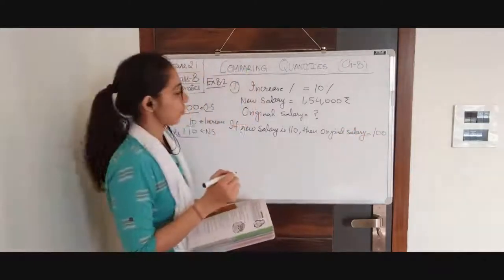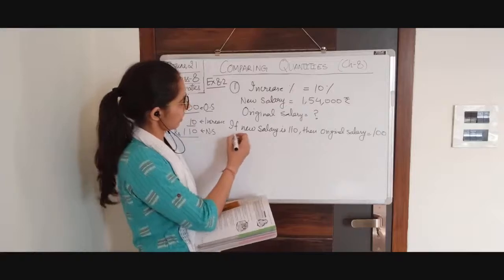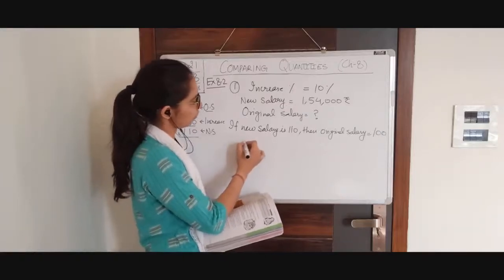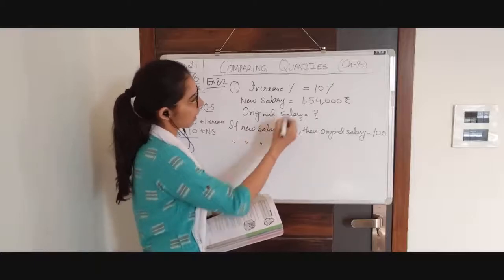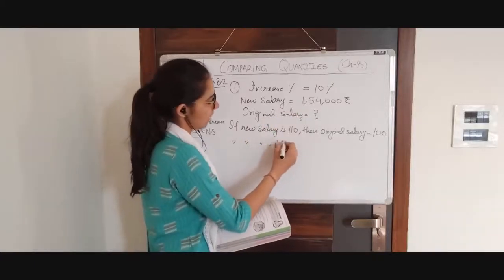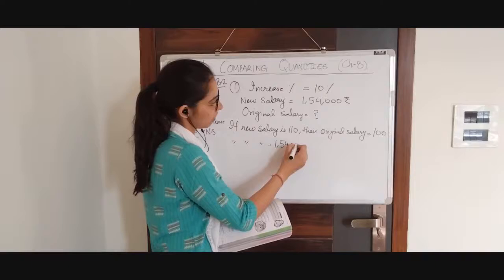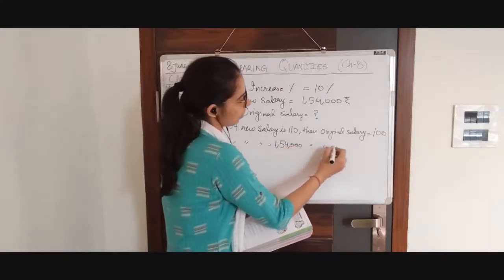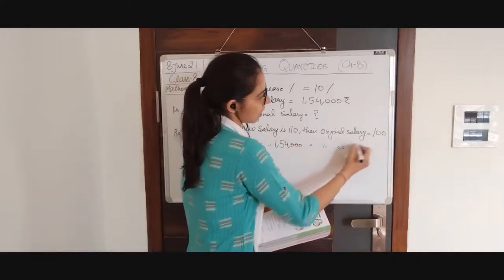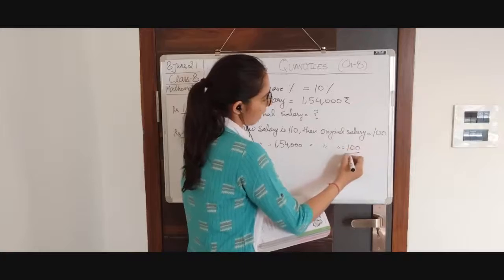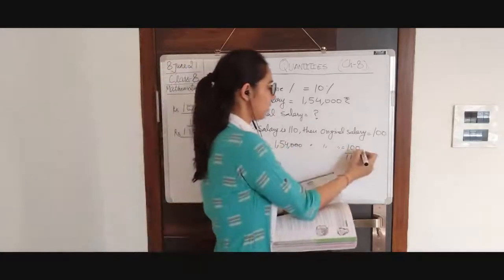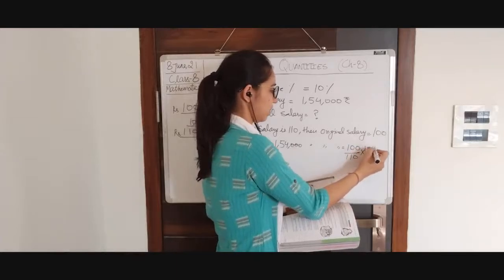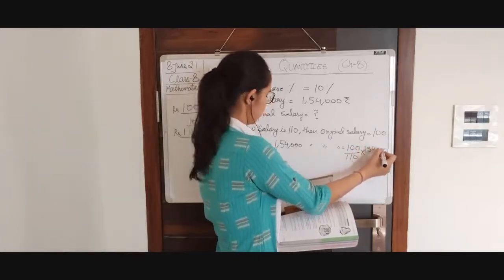Okay, so and if new salary is, क्या गिवन है आपको? 1,54,000 रुपीज. ओरिजिनल सैलरी कितनी हो जाएगी आपकी? 100 by 110, multiply by this because it is a bigger number than 110.